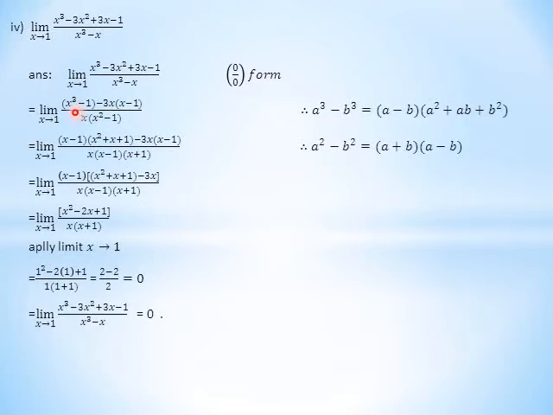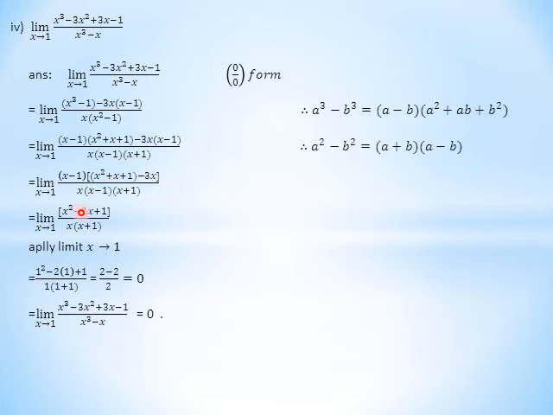By applying the formula a cube minus b cube is (a minus b)(a square plus ab plus b square), minus 3x(x minus 1) is the same, and by the formula a square minus b square is (a minus b)(a plus b), now you can cancel out this x minus 1 with this x minus 1.